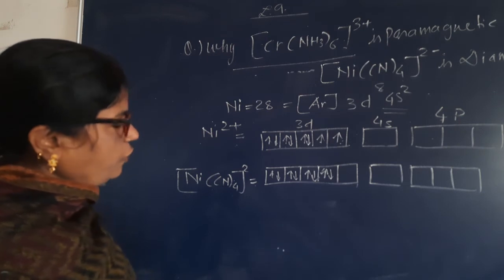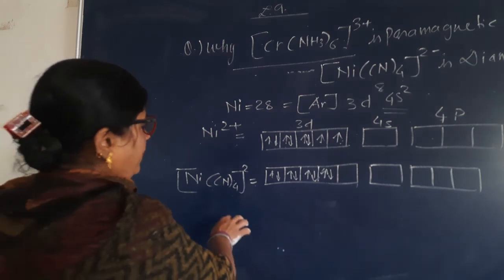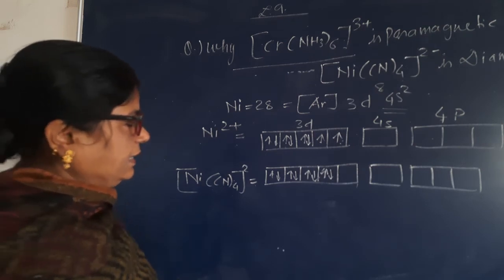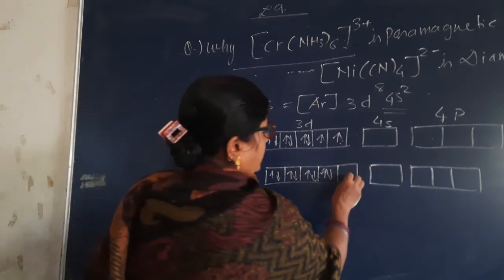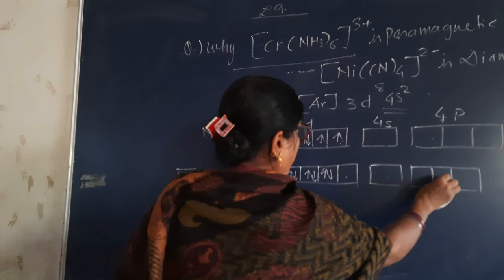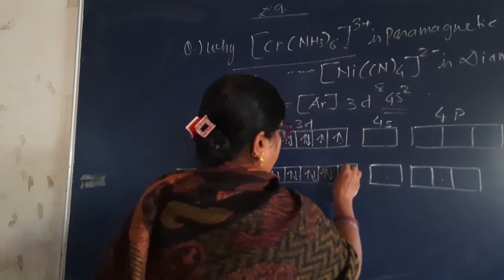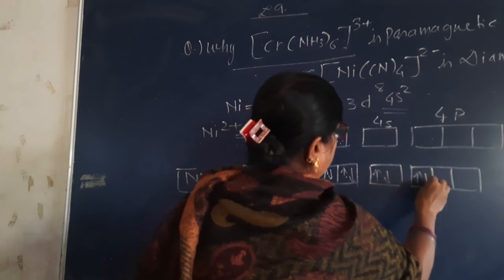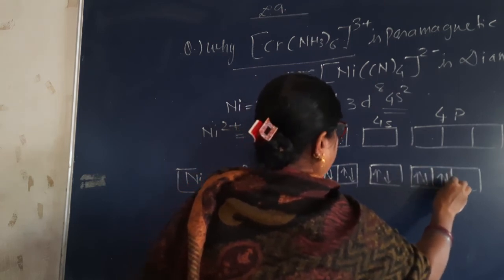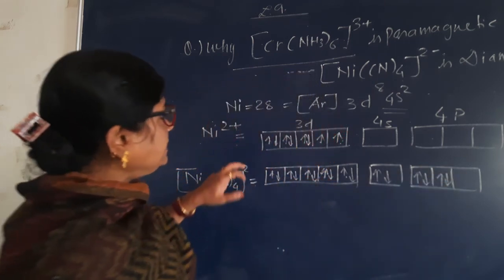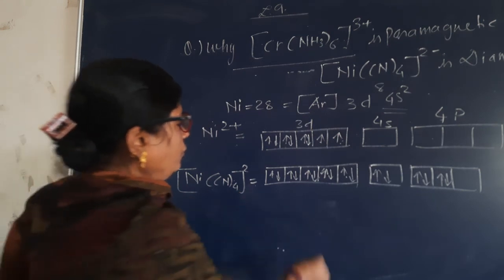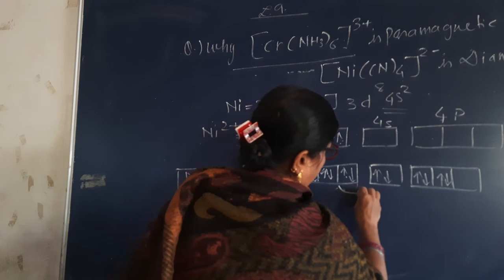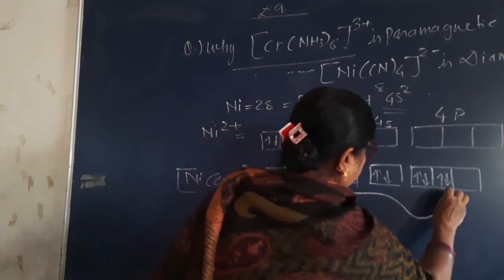Because CN is a strong ligand. So now we have 4 pairs of electrons given by CN. We have to adjust 1, 2, 3 and 4. We will write here 1, 2, 3, 4, 4 pairs from the ligands. From where did the 4 pairs come? From CN4. So hybridization will be till here.